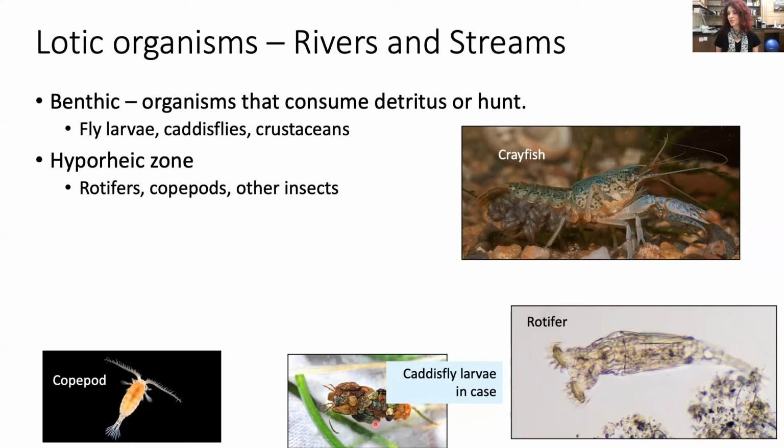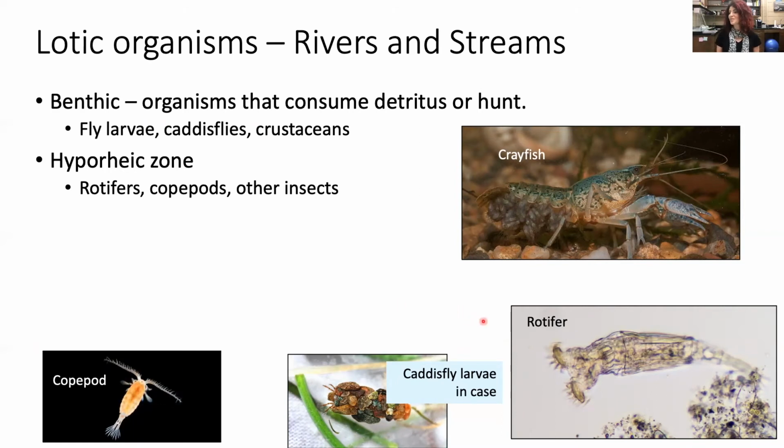And you can do some diagnostic testing on the different types of flies based upon the cases that they make as larvae. In addition, you'll also find crustaceans like crayfish scooting along the bottom of the benthic zone in your rivers and your streams. In your hyporheic zone underneath the benthic zone, you'll find rotifers that look like this, copepods that look like this, and other insects.